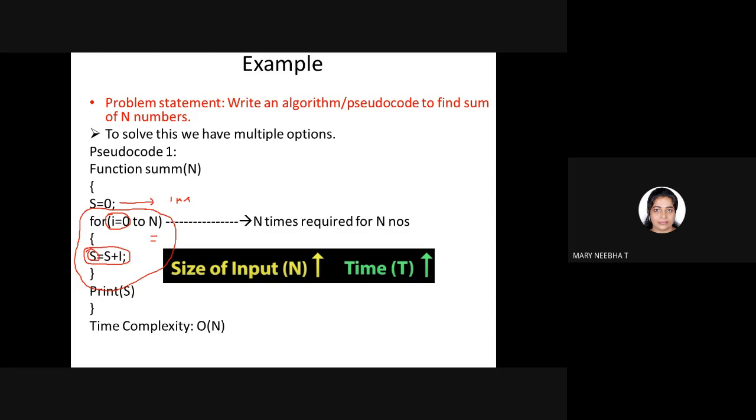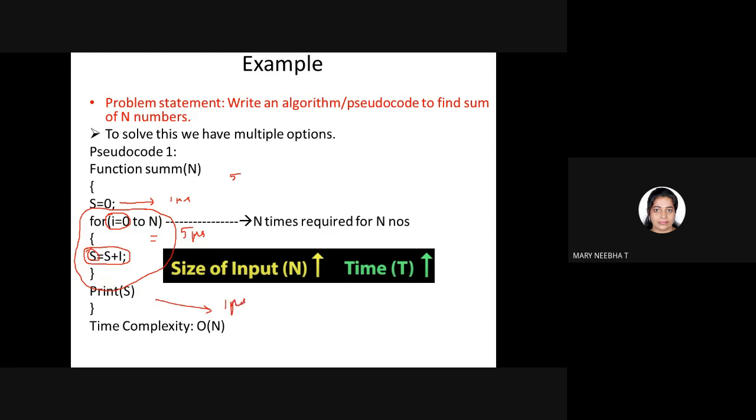For the for loop, for example, I'm giving 5 numbers, so 5 iterations will take place. Each step will take 1 microsecond, so totally 5 microseconds. And then to print the value, again it takes 1 microsecond.